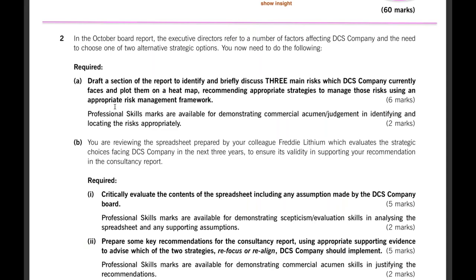Question number 2, in the October board report, the executive directors refer to a number of factors that are affecting DCS.